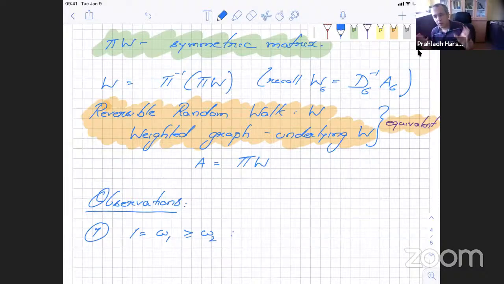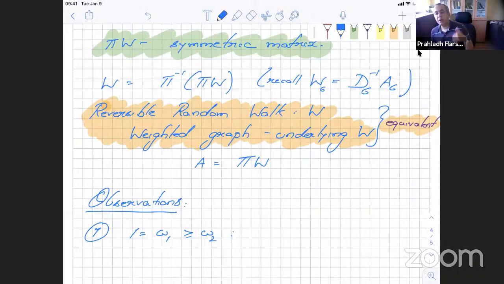Suppose it had 2 components. Now, I claim that any vector which is all ones on 1 component and 0 elsewhere is an eigenvector with eigenvalue 1. Rather, any vector which is constant on each component is an eigenvector corresponding to the eigenvalue 1.